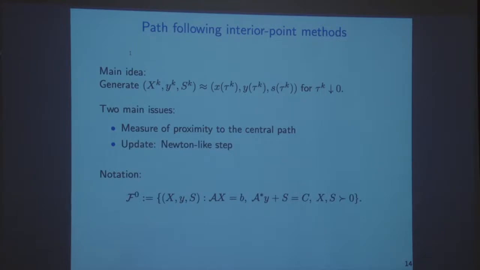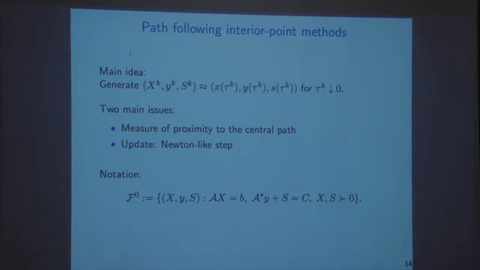And then the two issues that we need to worry about are the same ones that we had to worry about last time. We need to define some kind of proximity to the central path, and we want to define how we update the iterates. Okay? So the notation, we are going to essentially just extend the notation from before.